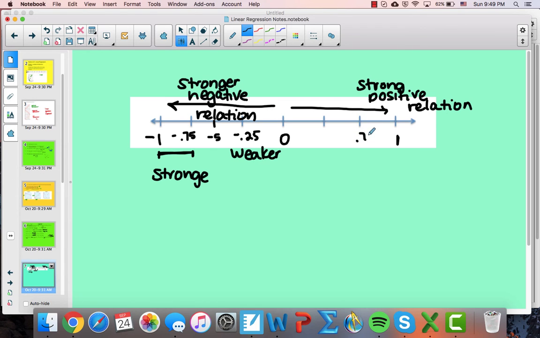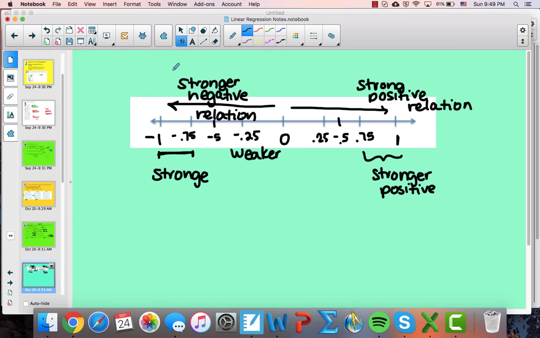If this is 0.75 and we've got a 0.5 here and then 0.25, I'm saying that between 0.75 and 1, it's a stronger positive. But anything below that is kind of a weaker, and we may not want to use a linear regression to relate to the data. Okay?